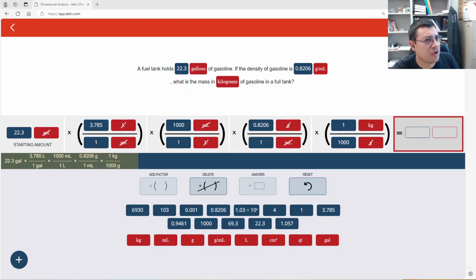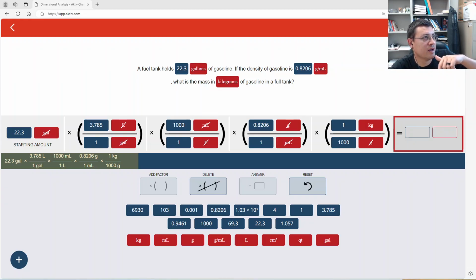All right. So often with these conversion problems, the number of sig figs in is equal to the number of sig figs out. So 22.3 has 3 sig figs, and typically conversion factors are considered exact. There's some exceptions to that. So let me go through these one by one. 3.785 liters is 1 gallon, so I don't have to worry about that. 1,000 milliliters, this is a pure mathematical definition, is 1 liter.